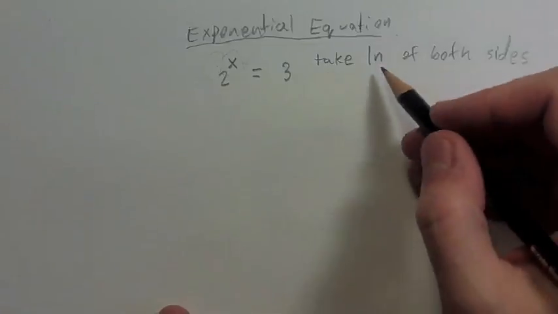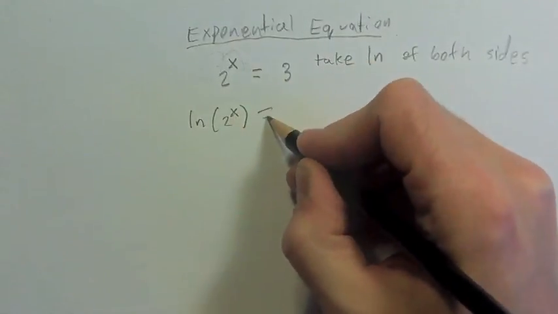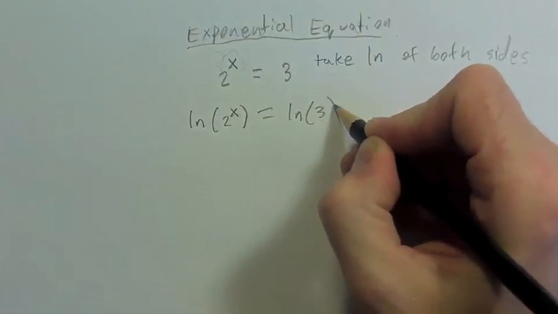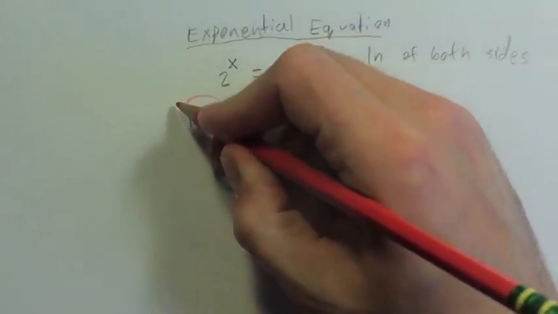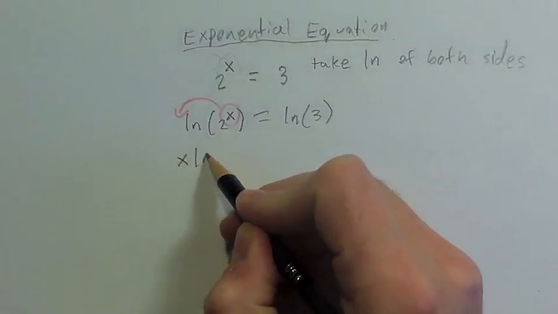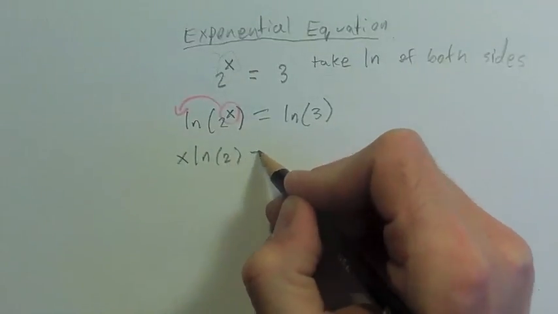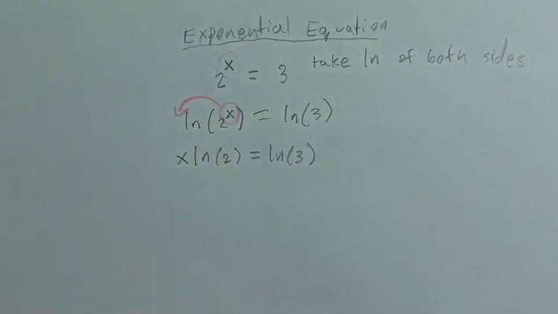So when you take the natural log of both sides, you'll take the natural log of 2 to the x, and you'll say that's equal to the natural log of 3. Then you will use that property that lets you take that x power outside. So we're going to take that power x outside and now have x times the natural log of 2, which is equal to the natural log of 3. Now to solve, we're almost done.